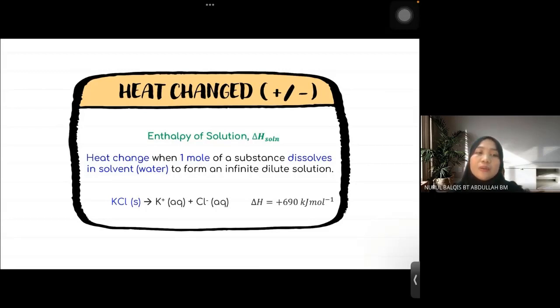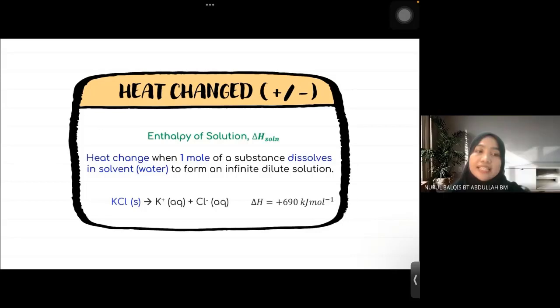The definition says enthalpy of solution is 1 mole of substance dissolved in solvent, water, to form an infinitely dilute solution. We know KCl goes into water; you can also add H2O. From solid state, once it dissolves in water, it will become aqueous, right?